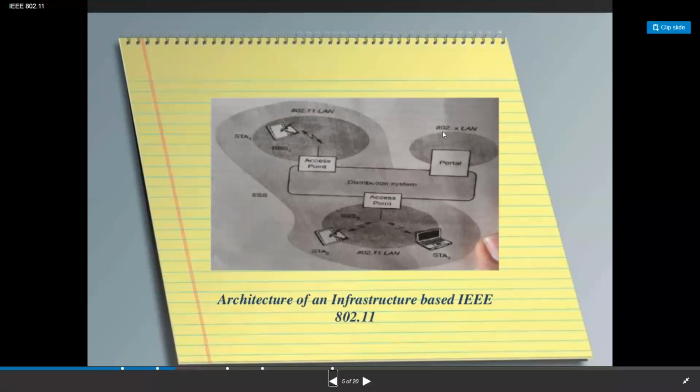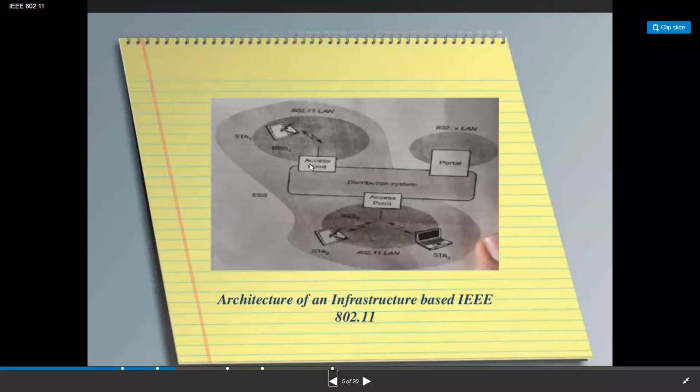See here where the mouse is pointed, this is the IEEE 802.x, the standard LAN, and this is the portal which is used to connect the wireless LAN with the wired LAN, and this is the access point which connects this BSS and this other BSS.